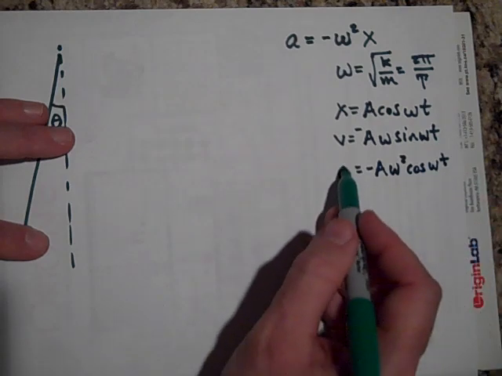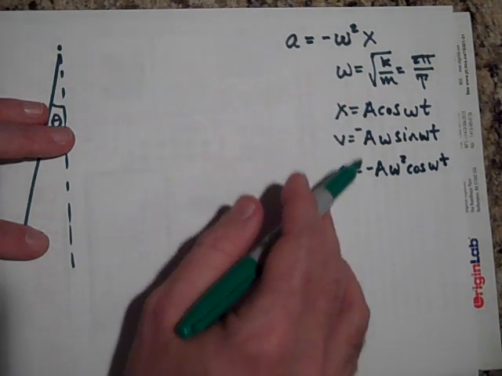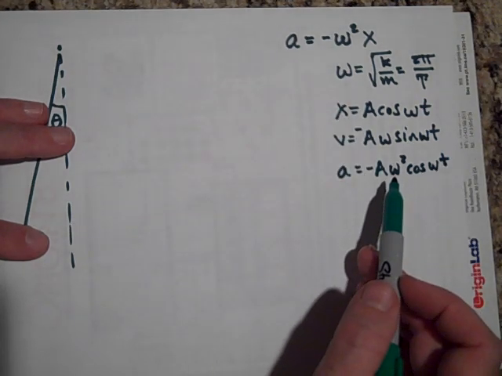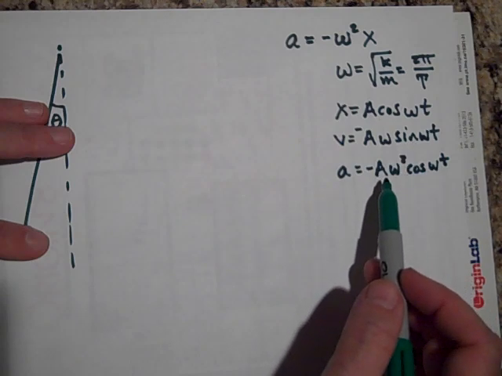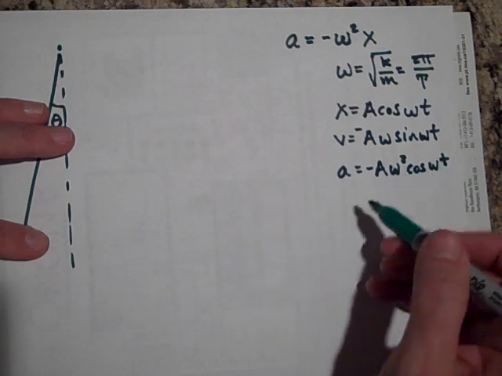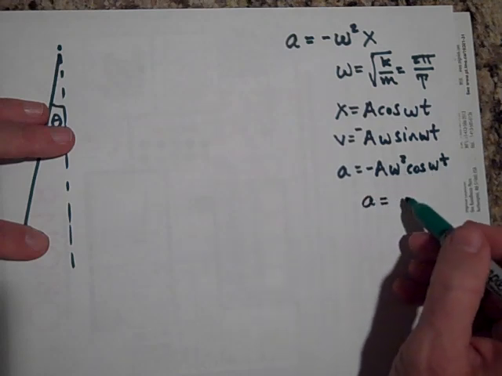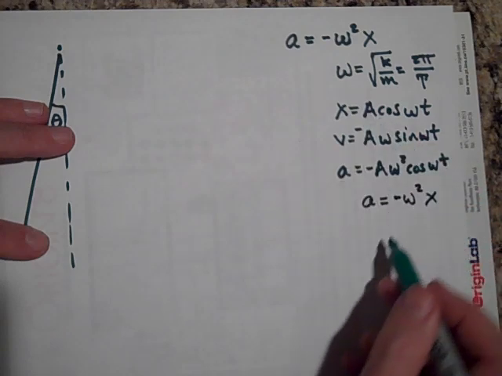And notice how A and x compare. They're almost identical, aren't they? They're both cosine omega t, except A has an omega squared in it, and it's negative too. So that's why we say that A is equal to negative omega squared x. You see that?